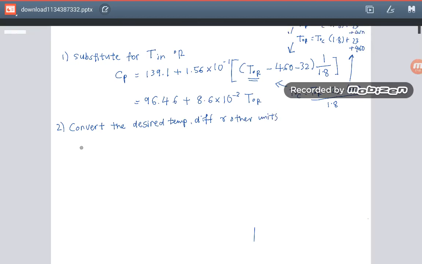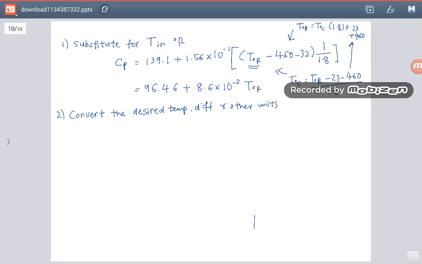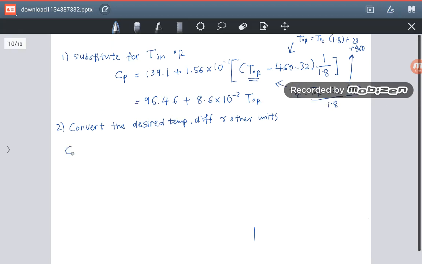Okay, so the CP in terms of BTU, this is the unit of CP, BTU, pound, mole, degree Rankine.